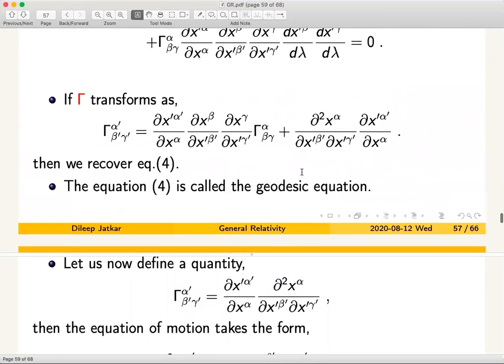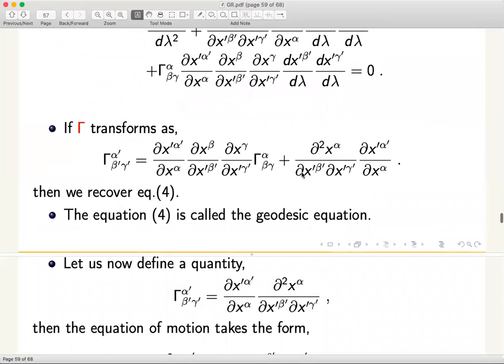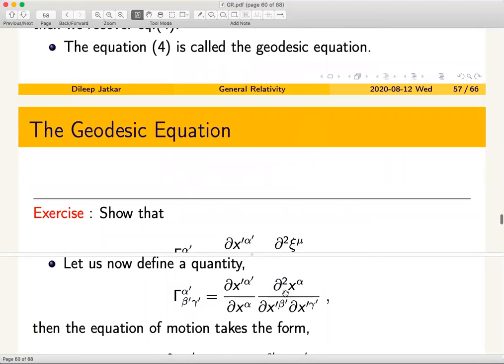Well, we didn't see it, we just claimed that if gamma transforms this way, then the equation will be form invariant. Now we want to check that the way initial gamma was defined, where we started with a Minkowski space free particle and did an arbitrary coordinate transformation, we landed up with this object, we defined that to be gamma.